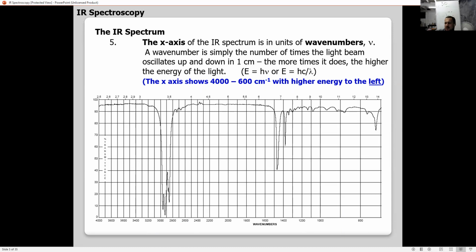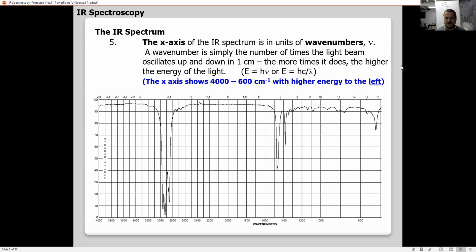Now, what we're looking at on the y-axis is how much light is making it through the detector on the other side of the sample. So, different wave numbers of light will be absorbed by different bonds.